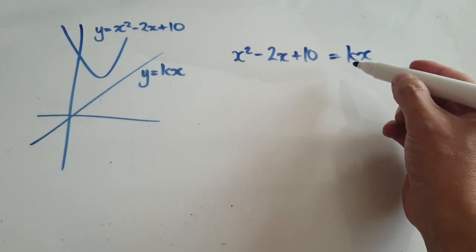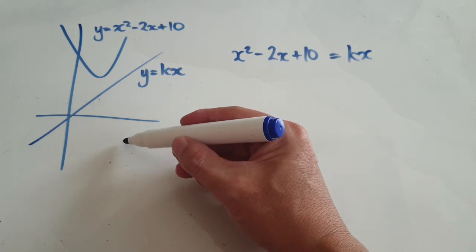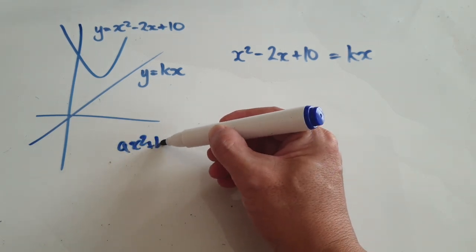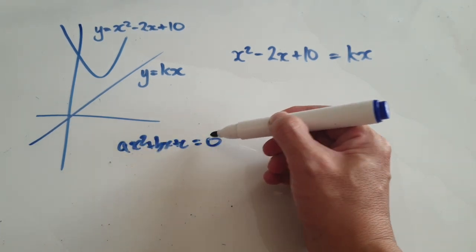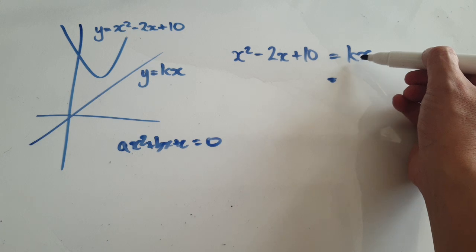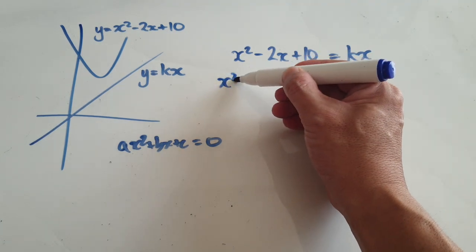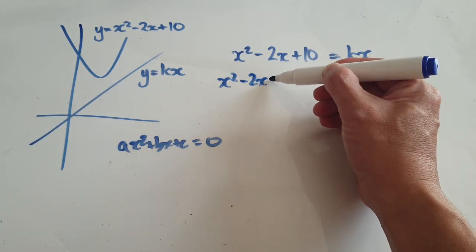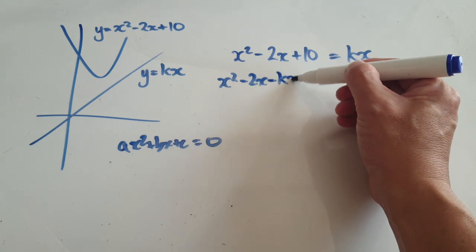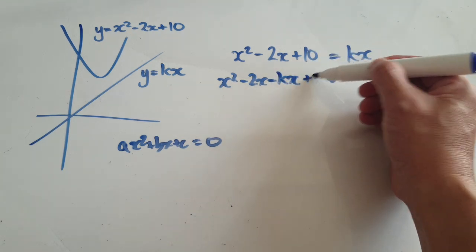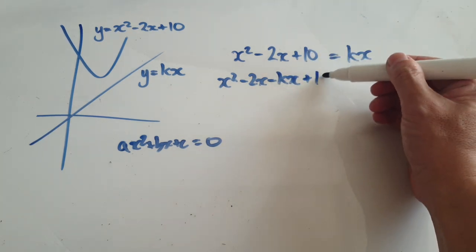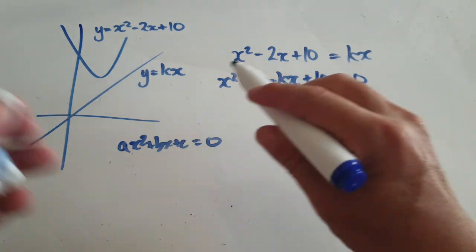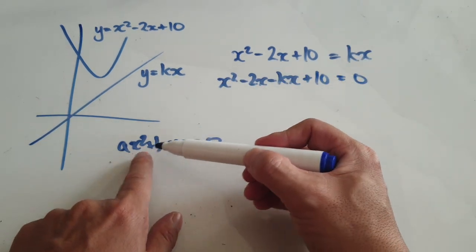And then now, whenever you want to solve a quadratic, get it in the form of ax squared plus bx plus c equals 0. So take away kx on both sides. So that will be this. Take away 2x. Remember, take away kx from both sides. Carry the 10 down. Equals 0. And then now we want to identify a, b, and c.